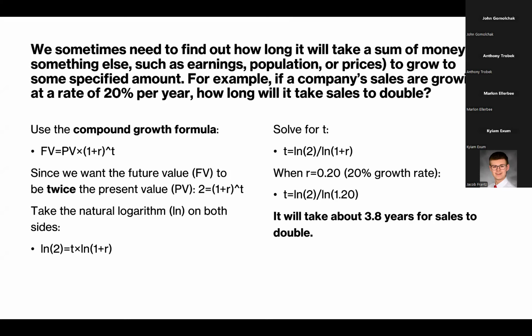So you would take the natural log, or ln, on both sides of that equation. And then on the right side here, I solved for t when r is equal to 0.2, which is a 20% growth rate. I plugged those two numbers into the formula and ran it on my calculator, and it came out to about 3.8. So I said it'll take about 3.8 years for sales to double.